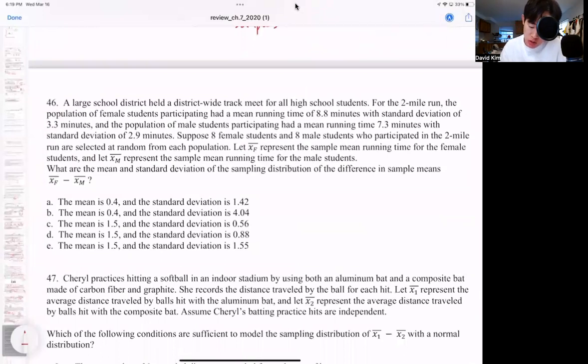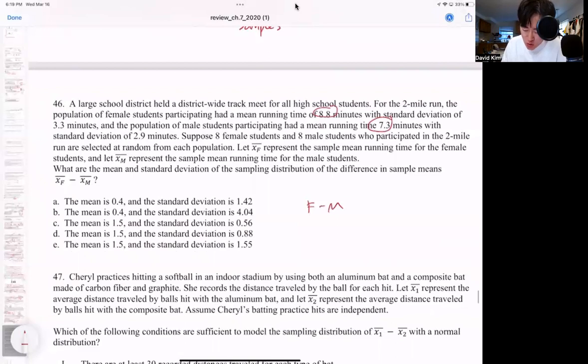46, the large school district held a district-wide track meet. So we have male and female. We have the sample mean for the female, 8.8, and 7.3 for the male. So if we're doing female minus the males here, we can subtract those two and get 1.5.